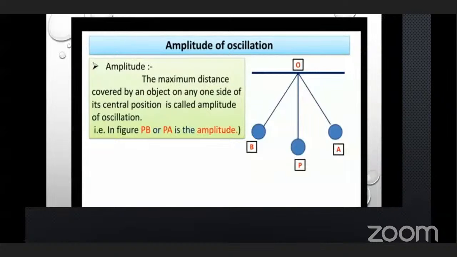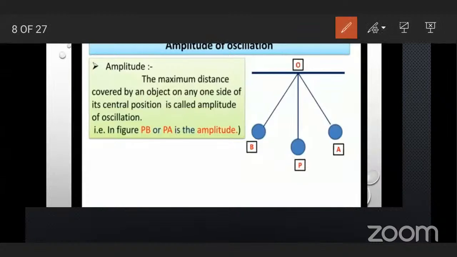See, what is amplitude? You can see here a pendulum, and the maximum distance covered by an object on any one side of its central position is called amplitude of oscillation. Here you can see in this figure, this PA is amplitude.